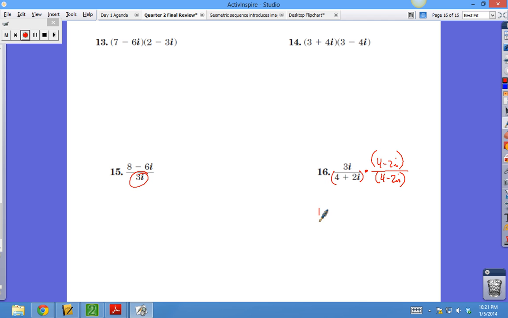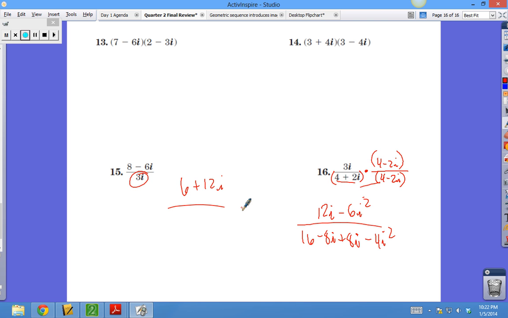So you're going to have 12i minus 6i squared on top. On bottom, you're going to have 16 minus 8i plus 8i minus 4i squared. Okay, on top, that's a negative 1. Negative 1 times negative 6 is positive 6 plus 12i.